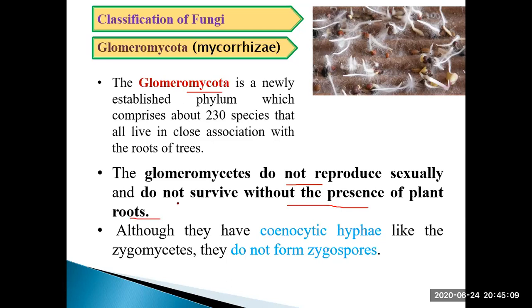Because they mainly grow on the plant root. And their hyphae are called coenocytic hyphae, which you already know from our last class. In Zygomycota, we read that coenocytic hyphae are also present, and Zygomycota can produce zygospores. These glomeromycetes also contain that kind of hyphae, but they do not form zygospores.